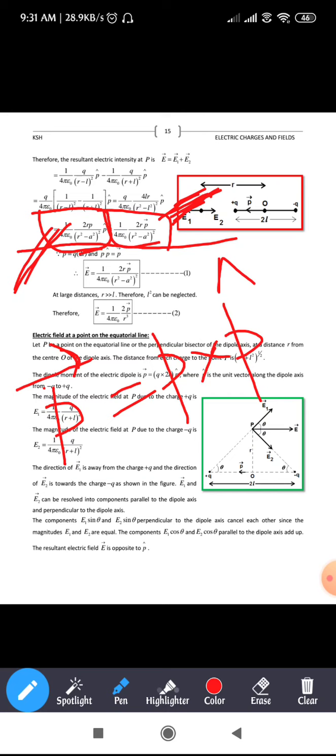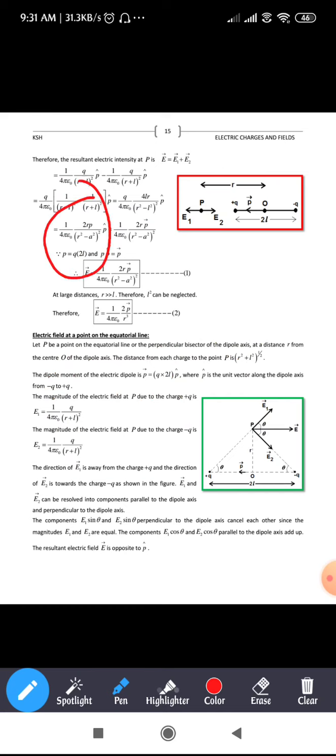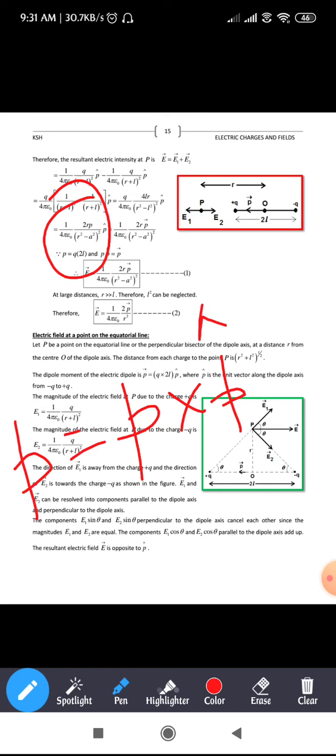So we express the magnitude as simple p and the direction is p cap. In this step you have p and p cap, right? That can be replaced by vector p. That is what we have done here. In this case you don't have p cap, so this p into p cap has been replaced by p vector.